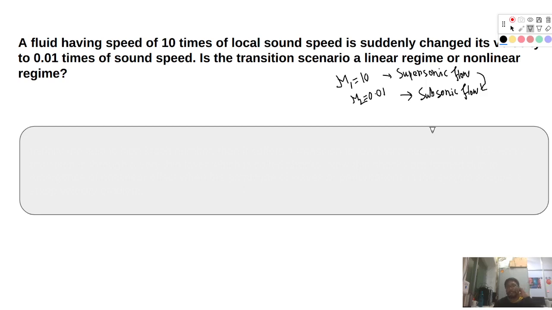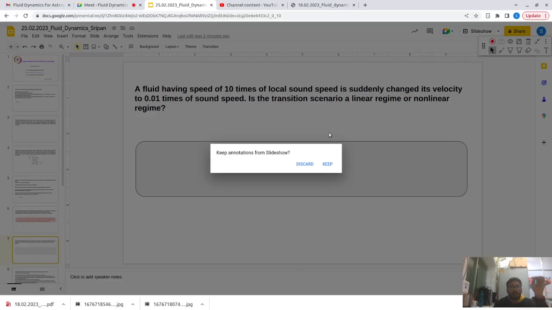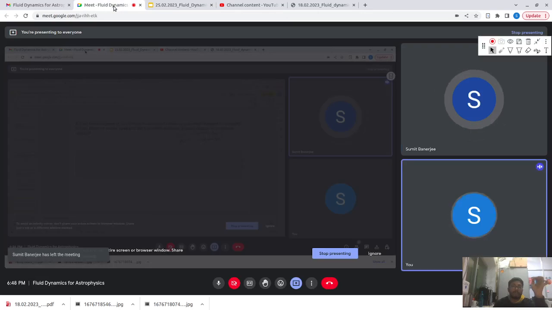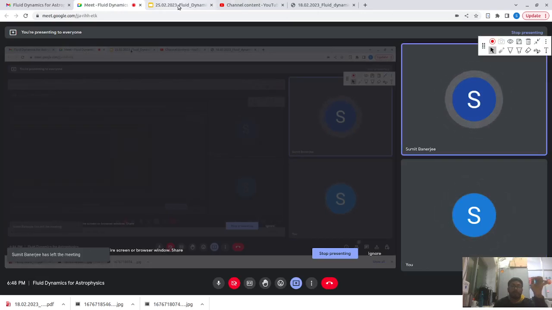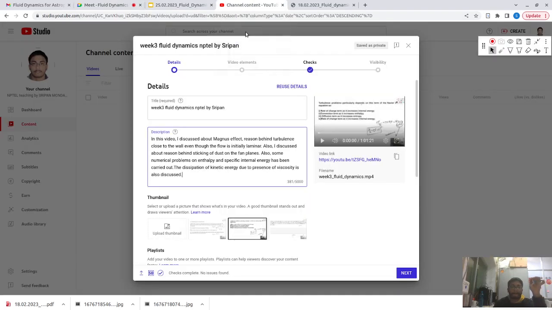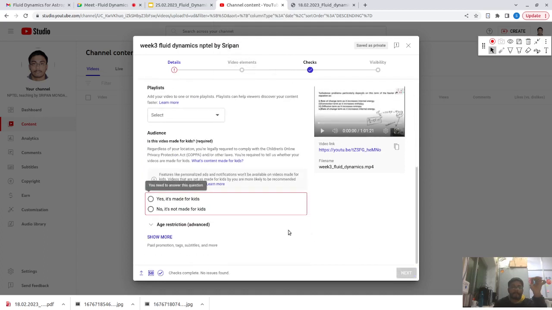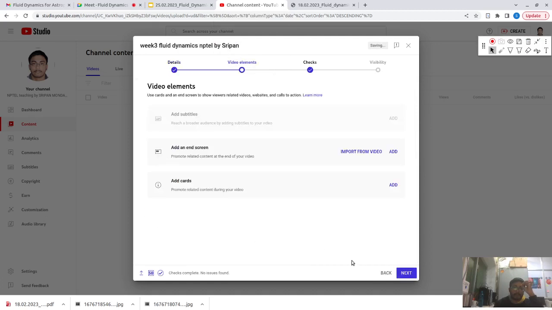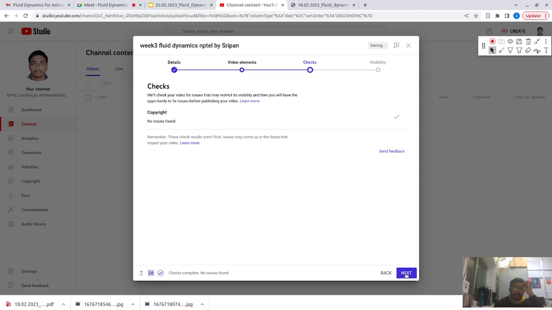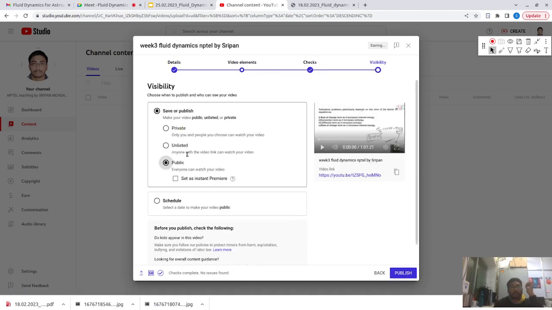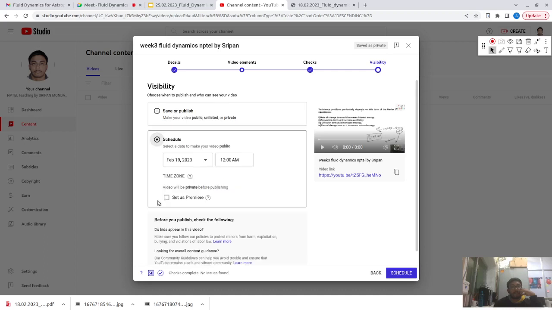Now how do they go through this transition? Can you tell me what a shock is? How is a shock formed? Shock is a discontinuity. It's not there in the lectures yet, I'm just using my past knowledge of shocks. So there's a discontinuity in, let's say, the density, and there is a discontinuity in the pressure. The other one is a discontinuity in the velocity.